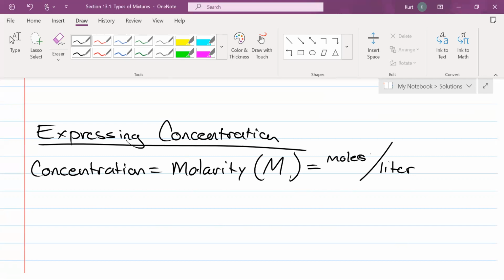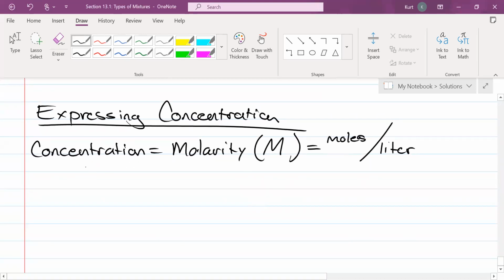How far do I go in an hour? I go 55 miles. Miles per hour. Plural on top, singular on the bottom. Moles is going to be multiple, but it's always 1 liter. That's how you always need to get it. You always need to get it into 1 liter.